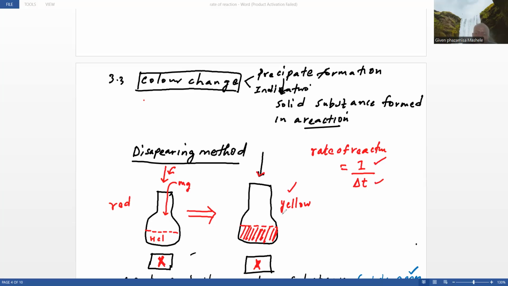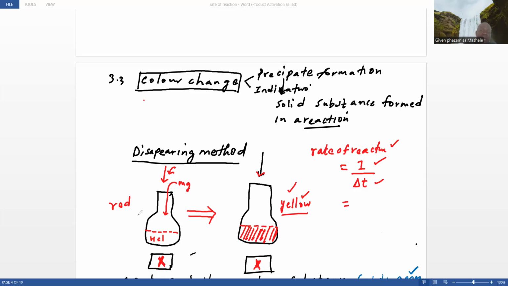Because we just want to check how fast or how slow this color is changing to yellow. Maybe we record it the first time, then we check it a second time, then we look at the changes. So this is the method of determining the rate of reaction by looking at the color change. But this time around, we use 1 over time. So if the time is in seconds, the rate will be 1 over seconds.